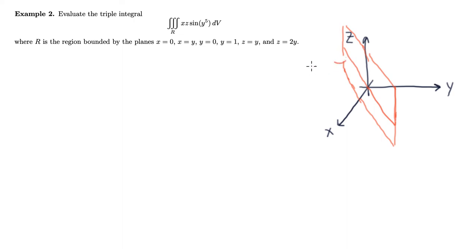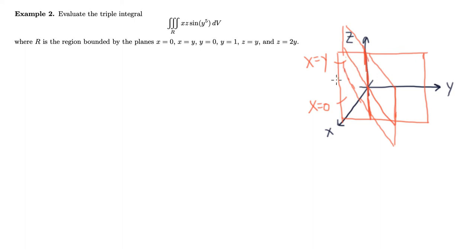So this is the plane x equals y, like that. And we've already had the plane x equals 0, so that's just this yz plane. Now these planes are going to intersect along the z-axis, like that. Okay, so here's the plane x equals 0. And then we have the planes y equals 0 and y equals 1.